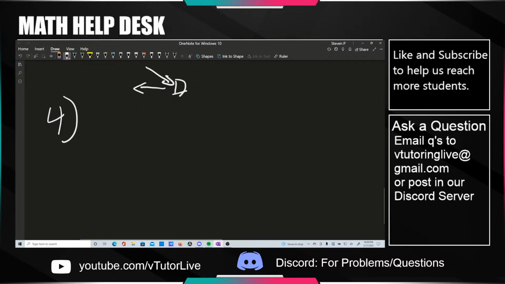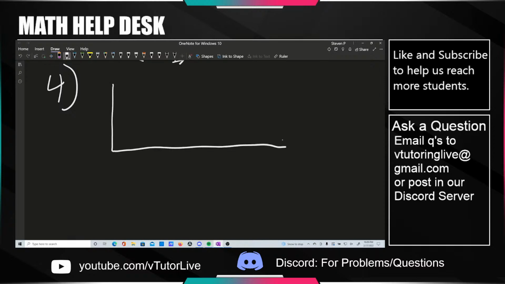Okay, so next one, problem 4. So very interesting. What it's saying is that it's a bunch of balls separated by some time coming in towards a wall, right? And there's some time here. This is, I guess they're calling it TD.